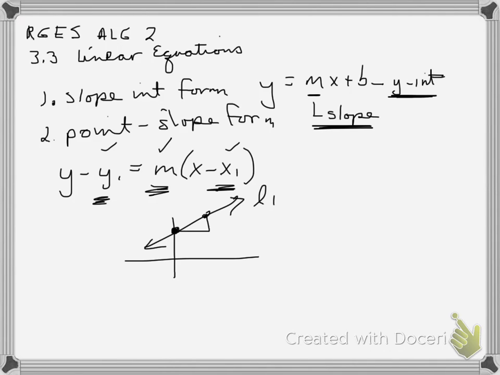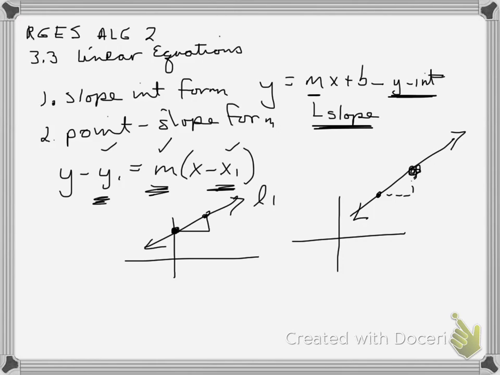On the other hand, if I have any point not on the y-intercept, just any point that the line contains, and I know from there the slope, the run, and the rise, then I can also identify the line. And that's what we're talking about here.